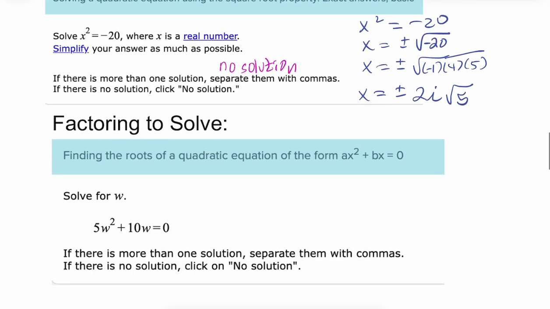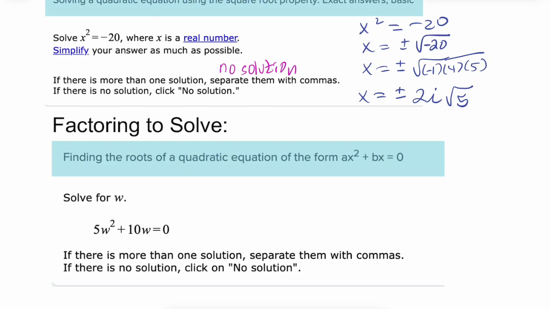Okay. Now let's talk about one where factoring is involved. We're going to start out with very simple factoring. Do you see here? It says ax squared plus bx equals 0. Now, the a and the b might have a numerical component that is alike. I don't know that.